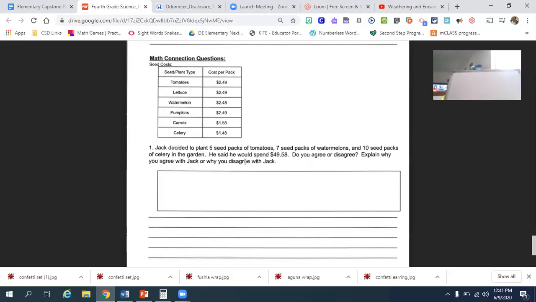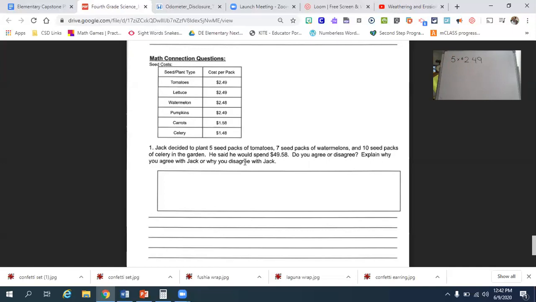So let's look at that here. I'm going to turn to my board. I know it's going to be small on yours, so I'm sharing the big one with you. All right, so he decided to do 5 packs of tomatoes, and each pack of tomatoes is $2.49. Okay? So I'm going to multiply 5 packs of tomatoes times $2.49.